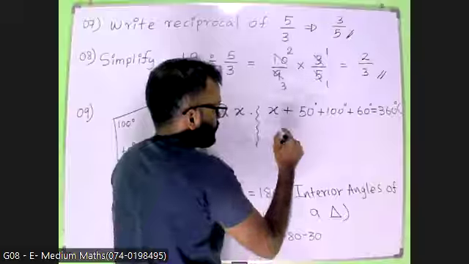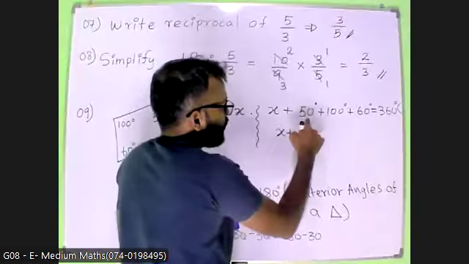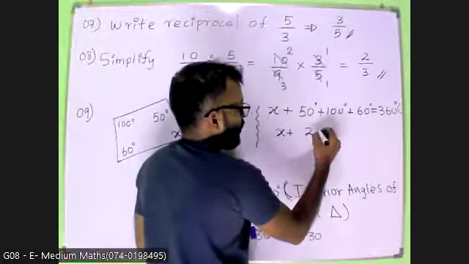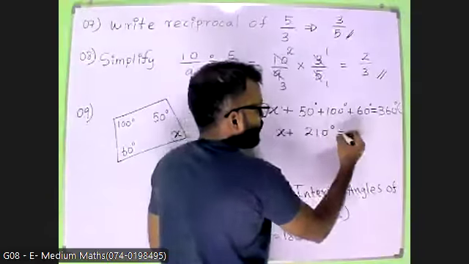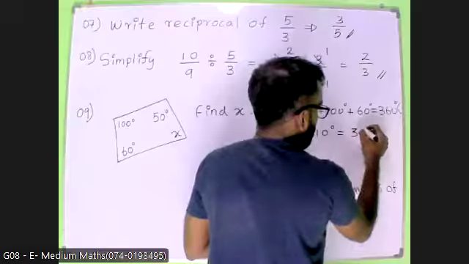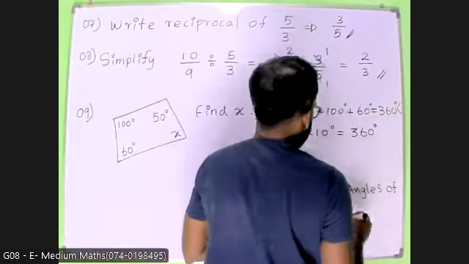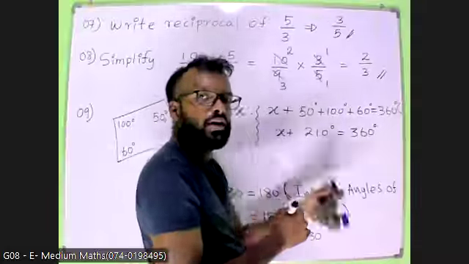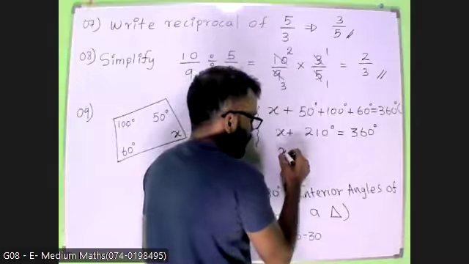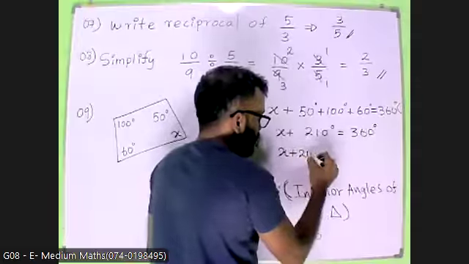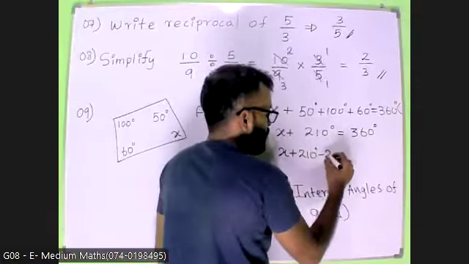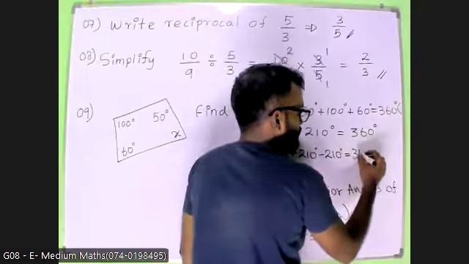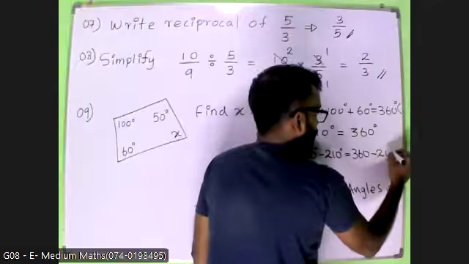Okay, x plus 50 plus 100 plus 60 is 210, equals 360 degrees. So I need to remove 210 from my left hand side. So x plus 210 degrees minus 210 degrees equals 360 minus 210.